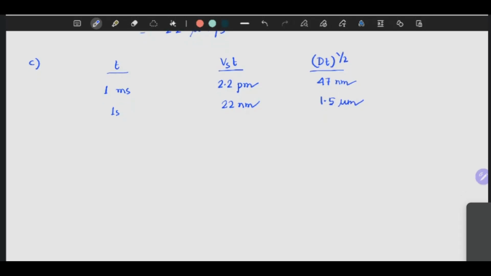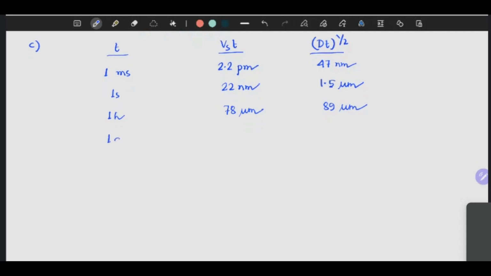For 1 hour this will be 78 micrometer, and this 89 micrometer. For 1 day this is 1.8 millimeter, and this is 0.43 millimeter.